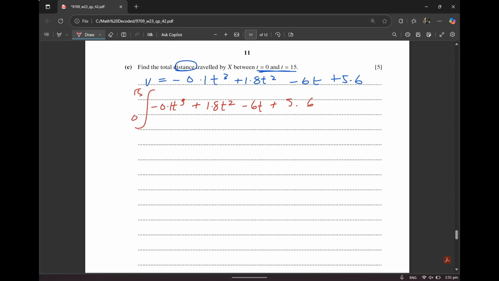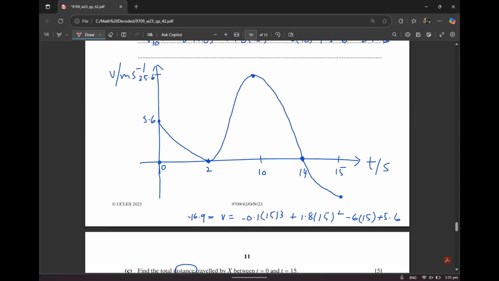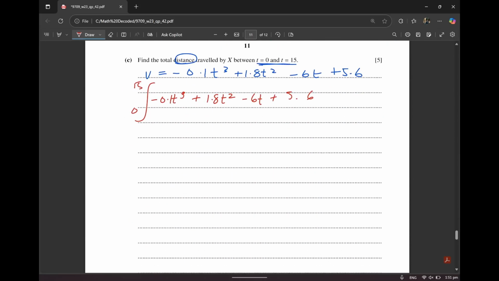Now, there's one thing you need to understand, and that is that if you have a look at your graph, your values of the distance are positive in this entire region. So from 0 to 14, they're positive. But from 14 to 15, you have a negative value. So you'll break down your integral into two parts. Let me integrate this expression once.